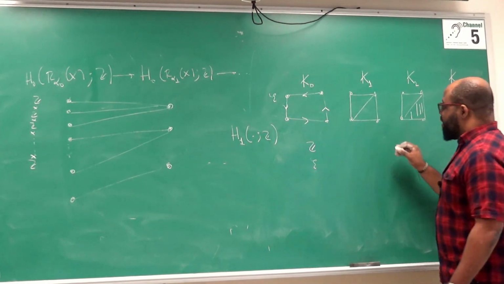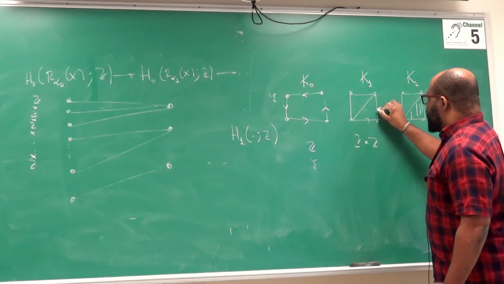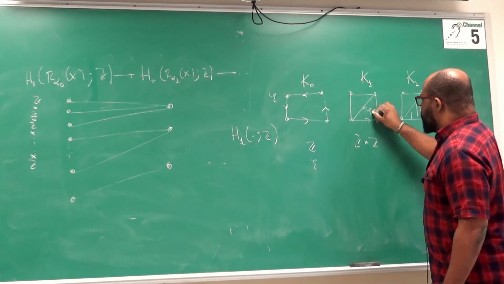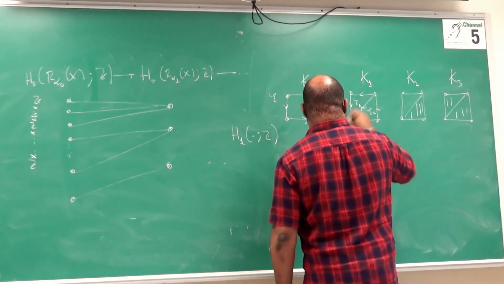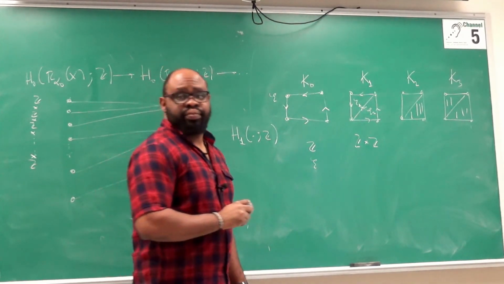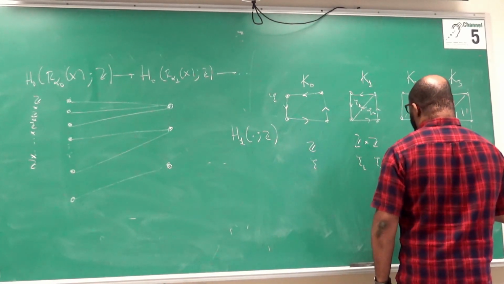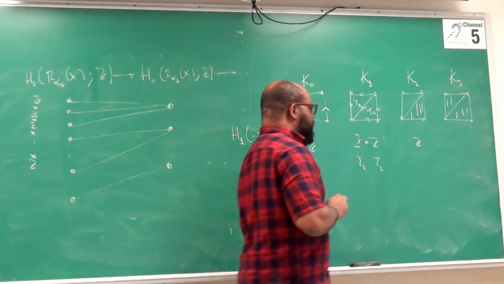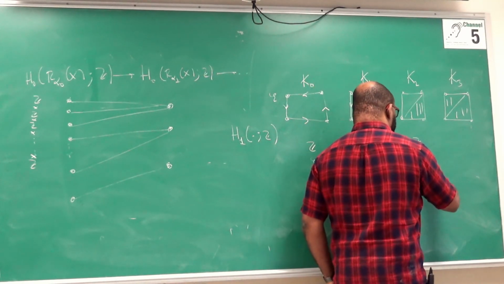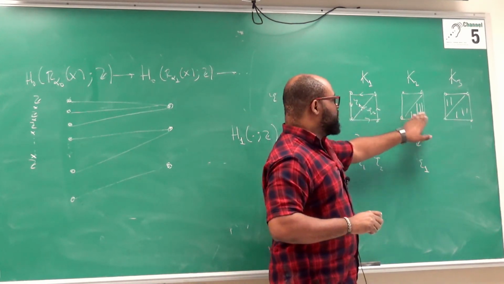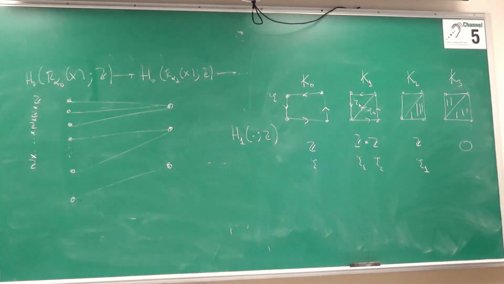On this side, I'm going to have this generated by this cycle that I'm going to call zeta 2, and this cycle that I'm going to call zeta 1. In here, I should have a Z because this cycle zeta 2 has been killed. I have filled in the hole. And then here I should just get 0 because there are no holes left.